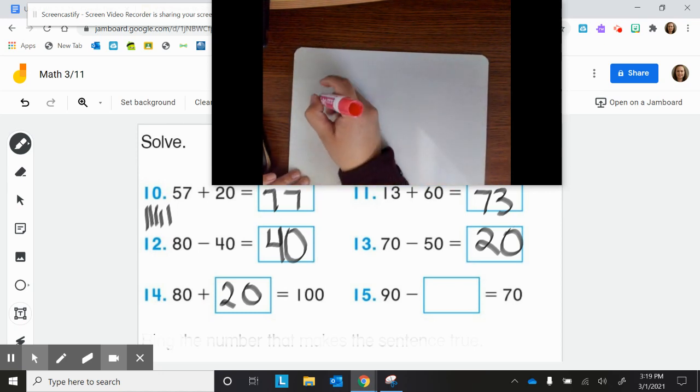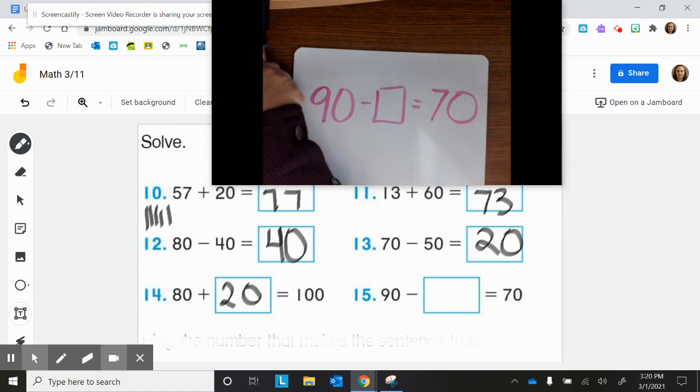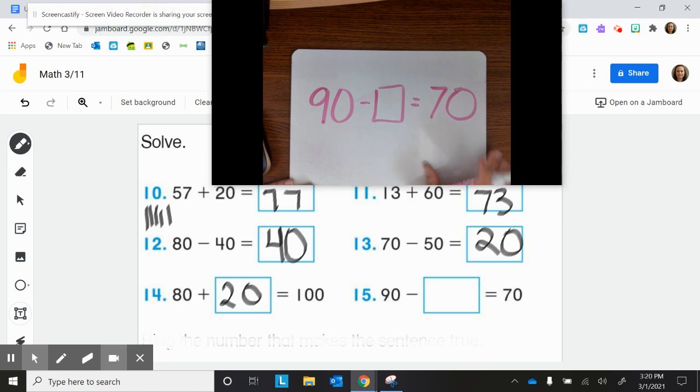Our next one, 90. Take away blank equals 70. Now, boys and girls, what we're going to do is draw 90, but we don't know how many to take away, right? But we do know we're left with 70. So let's see, what can we do?